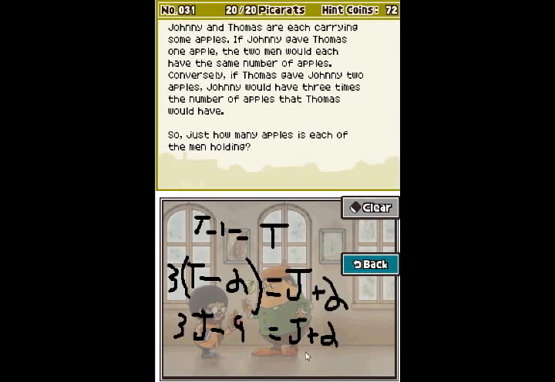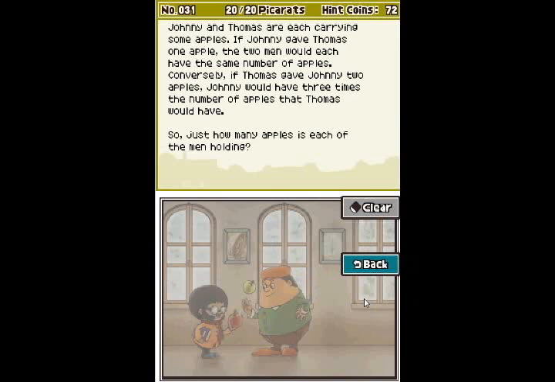So we subtract 2 from each side. 3J minus 11 equals J. Wow, that doesn't work out at all, does it? I was trying to get all fancy with algebra.